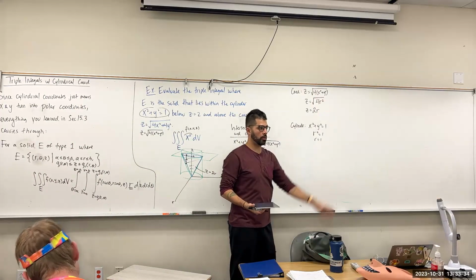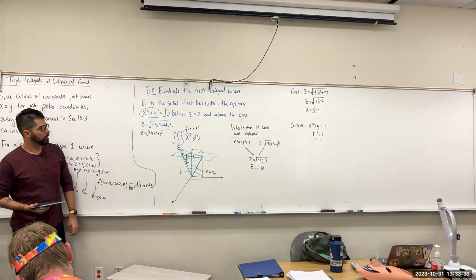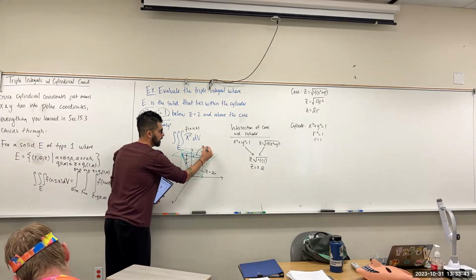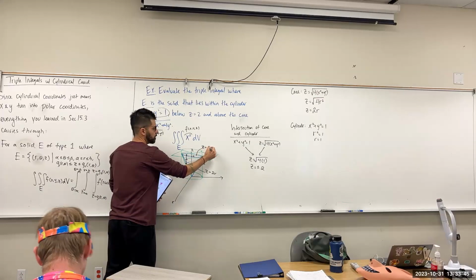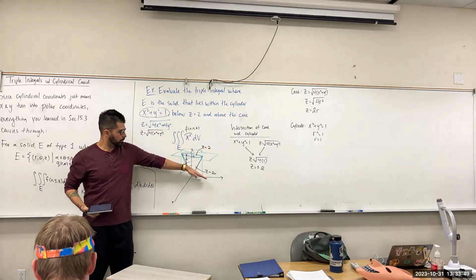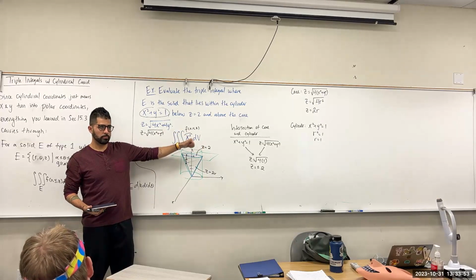That will be a cylinder in 3D. And the plane is just Z equals what? Z equals 2, right? So it's bounded below by the cone and bounded above by the plane Z equals 2. Is that cool?